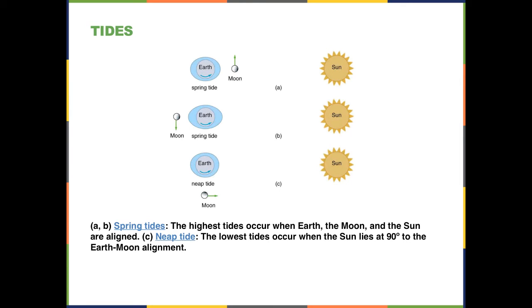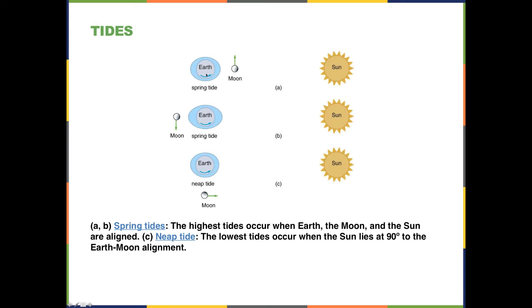Now this is the diagram I was going to tell you about. When the moon is out here, the Earth would tend to be drawn in this direction. When the moon is in here, it would tend to be drawn in this direction, which is why you have that wiggle in the path.